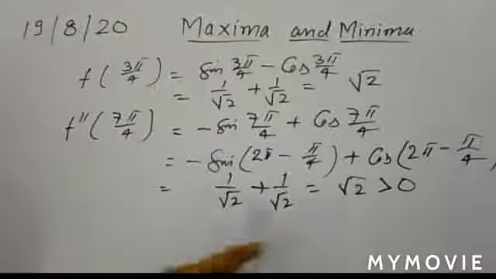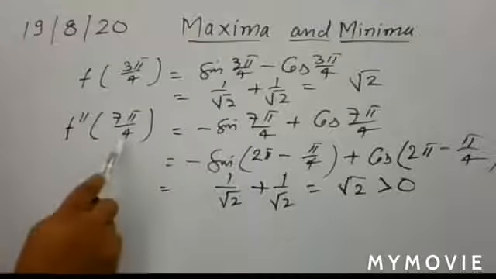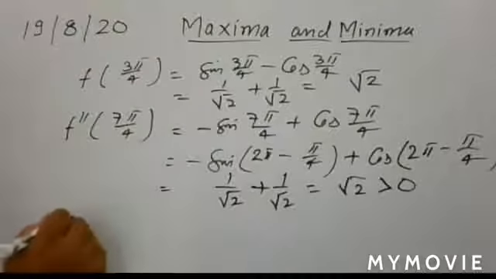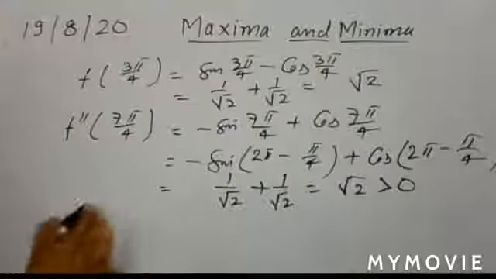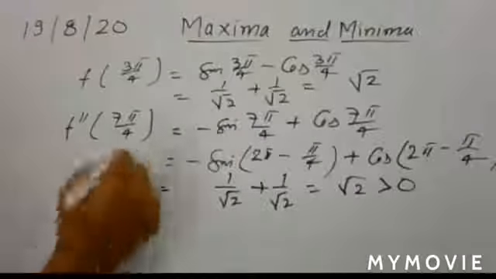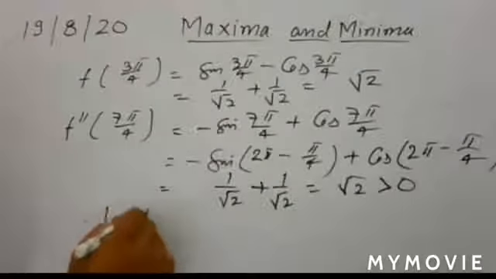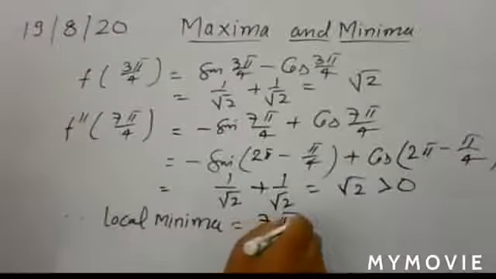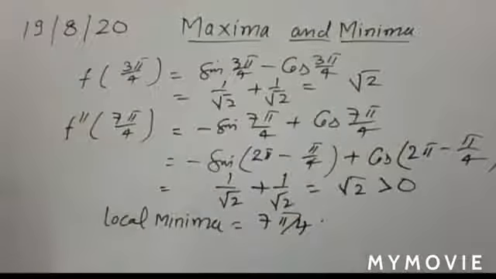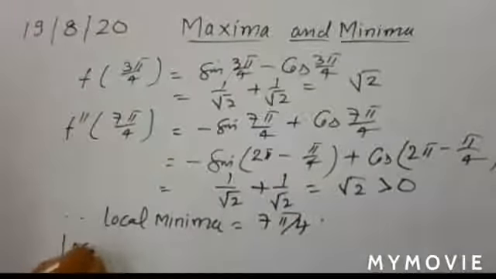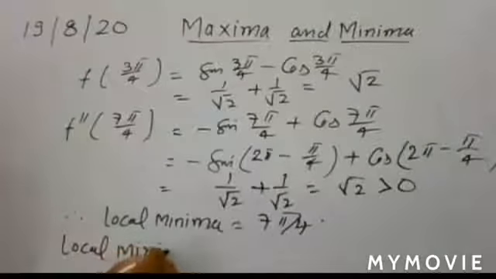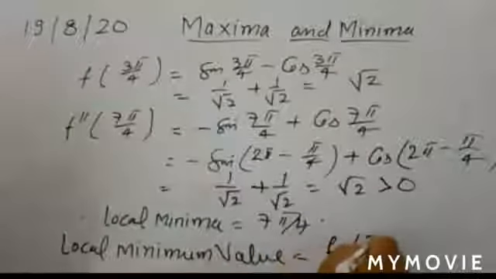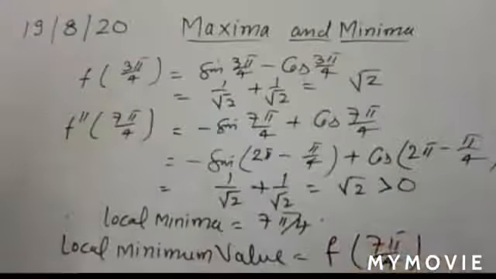So here you see that the sign of the second derivative at the point 7 pi by 4 is greater than 0. So you can say the point is local minima. Local minima is equal to 7 pi by 4. Local minimum value is equal to f of 7 pi by 4.